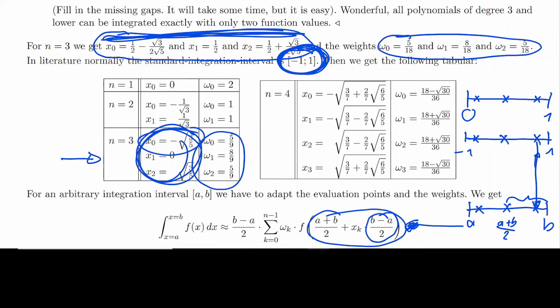And then we evaluate the function f at these 3 positions, and then we take these weights and scale with (b-a)/2. This time we have a 2 because the length of the standard interval is 2. And so this will be the formula, and this formula will be exact for all polynomials up to degree 5, and this is the stunning point.